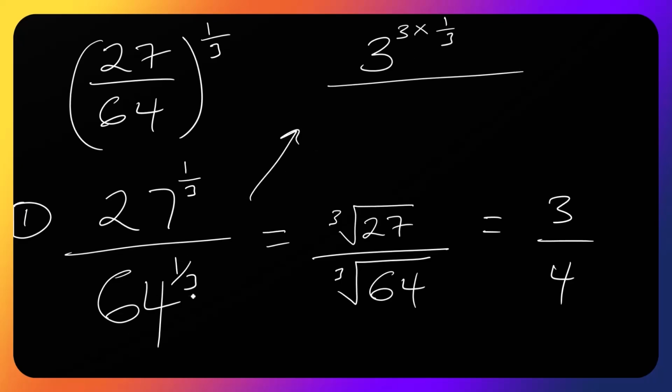And we have 64 exponent 1 over 3. Which number to the power of 3 will give us 64? That will be 4. 4 to the power of 3 times 1 over 3. So this side will cancel, and this side will also cancel. So in all, I will leave it 3 on 4. So whichever way.